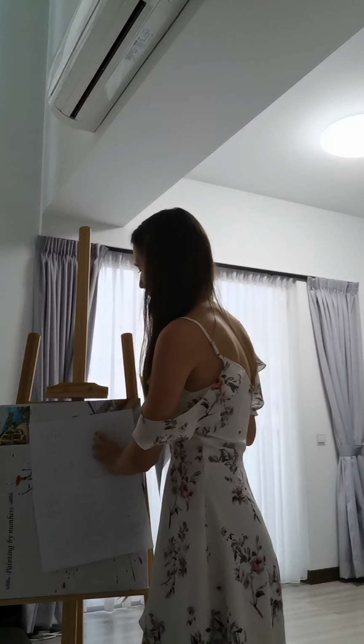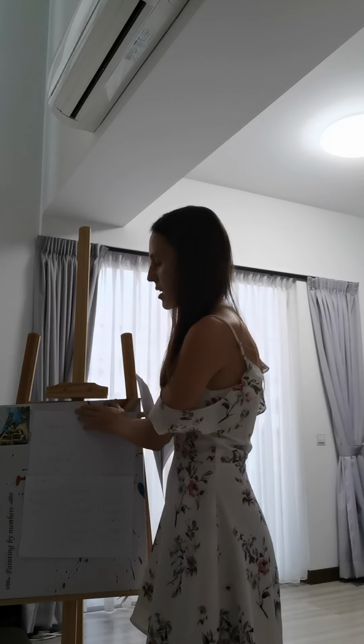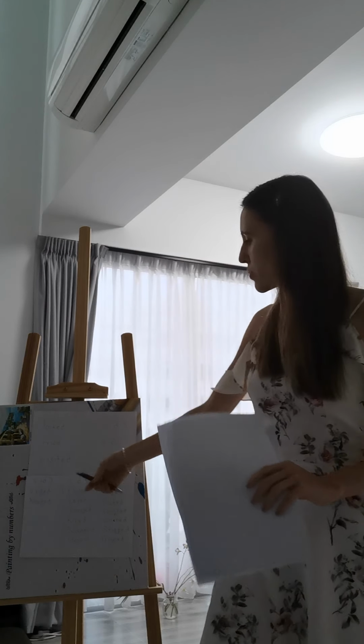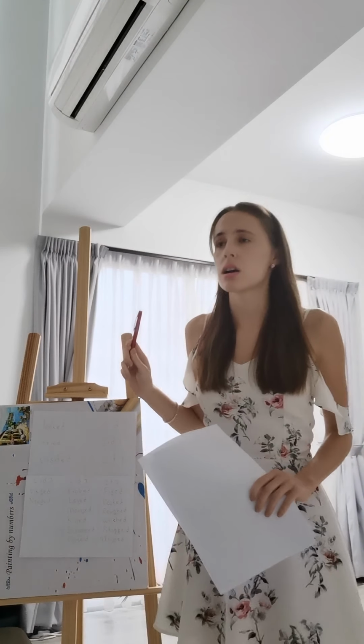So we have three different categories, right? Let's start with the first one, id. So which verbs belong to the first one? Id. Visited, yeah. Needed, yeah. Any other verbs? Sorted.